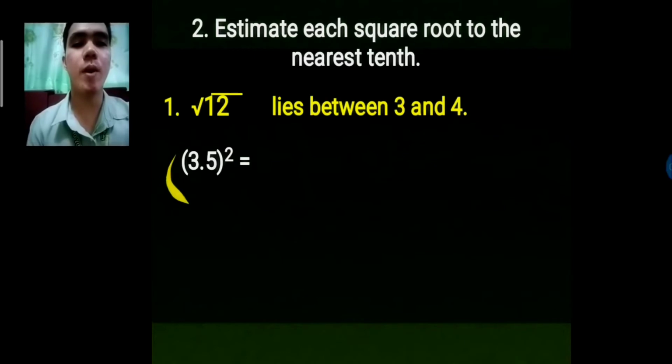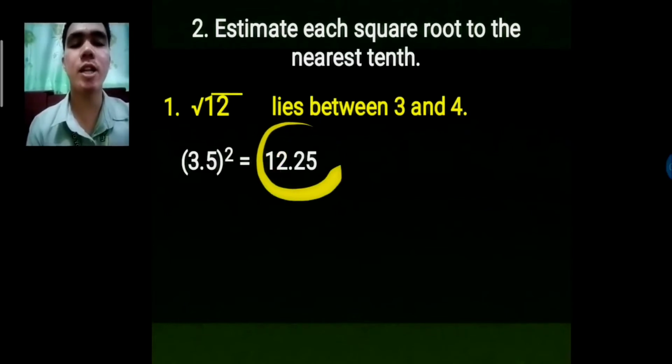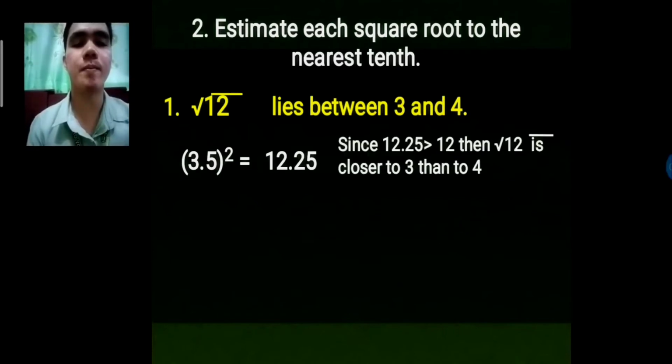So try to square that. 3.5 squared is 12.25. As you can see, that is more than 12. Therefore, the possible value of square root of 12 is less than that. Since 12.25 is greater than 12, then square root of 12 is closer to 3 than to 4.